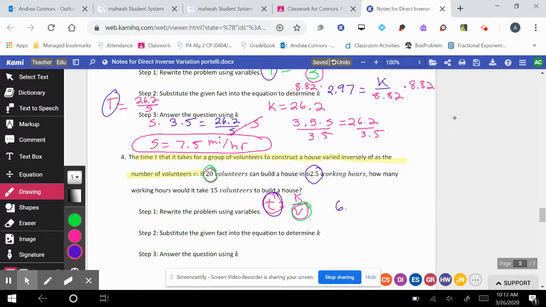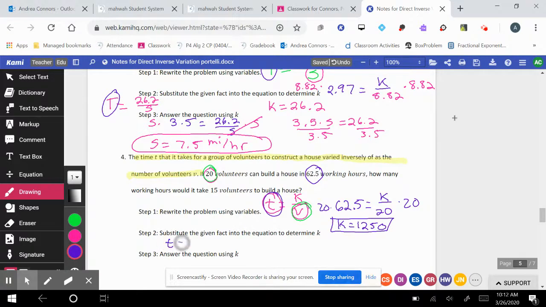So 6.25 is equal to K divided by 20. Solve for K, you multiply each side by 20, and you get K is equal to 125.